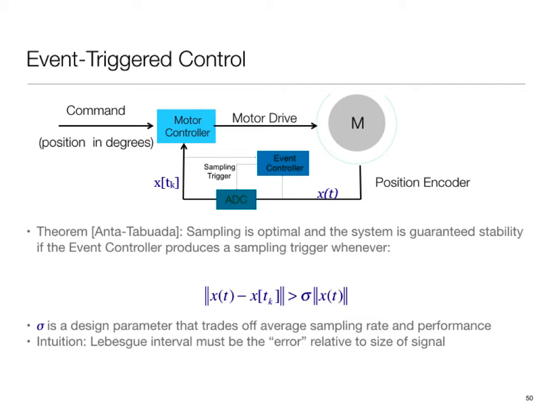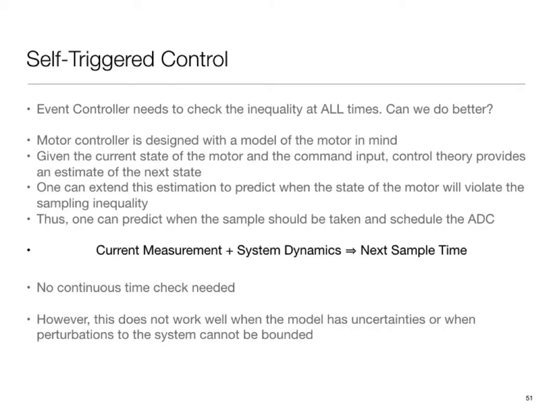In essence, I'm seeking an event where this condition is matched, and then I trigger the A to D converter. And then there is self-triggered control, which is basically, instead of doing things in analog, which in effect is saying monitor x of t all the time, I do it through some knowledge of measurements that we have made thus far, plus a model of the system. I try to predict what the next sample time would be, and then repeat this process.